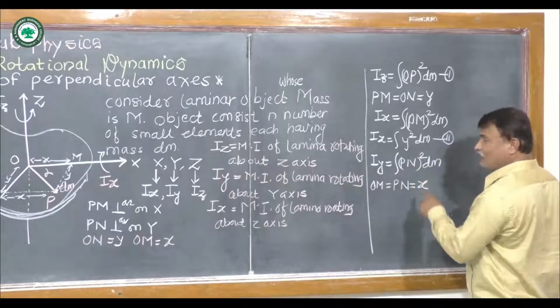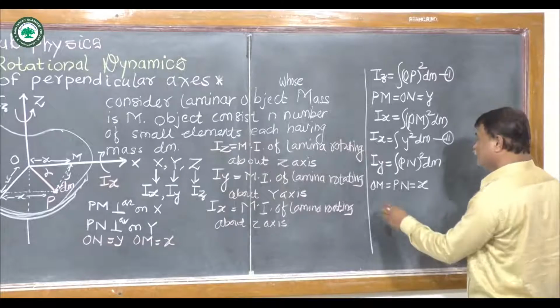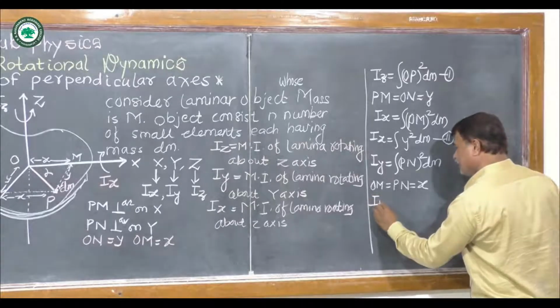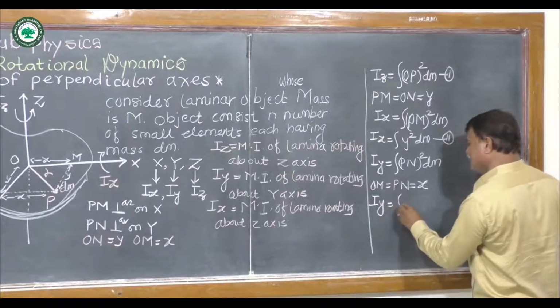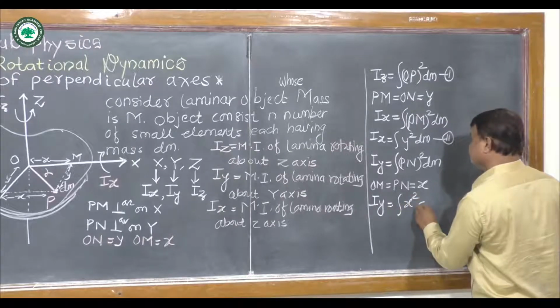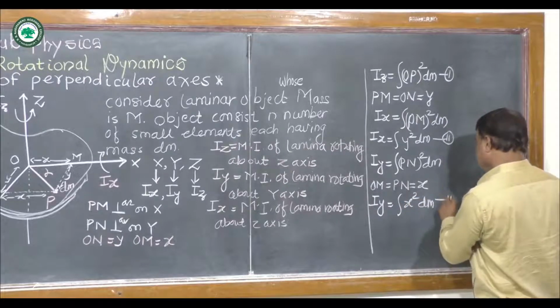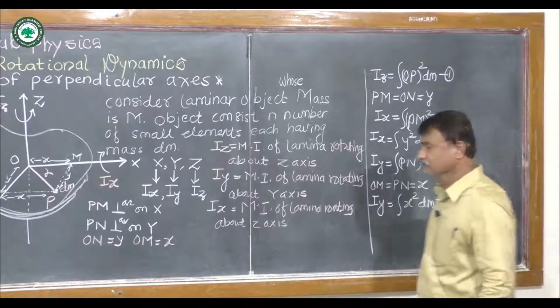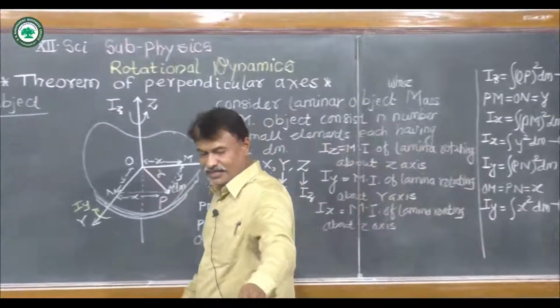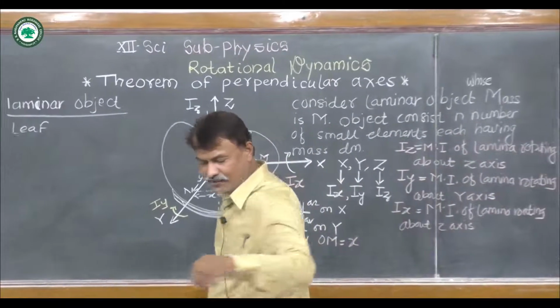So we substitute the value of Pn square as x square. So we get Iy is equal to integration of x square dm. This is equation 3. So in this way we get Ix, Iy and Iz.